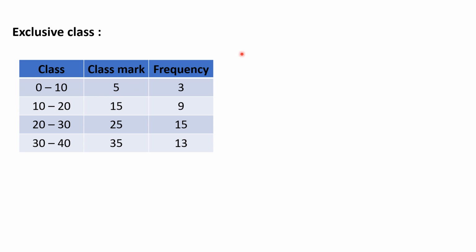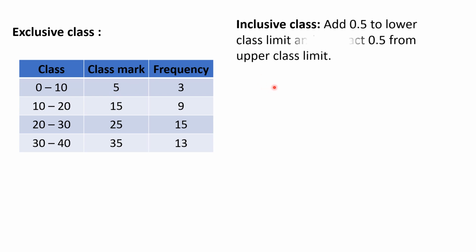You'll get 5. Now you also have to do the inclusive class. For the inclusive class, you add 0.5 to the lower class limit and subtract 0.5 from the upper class limit, because inclusive class means discontinuous class, the class should not be in continuous form.